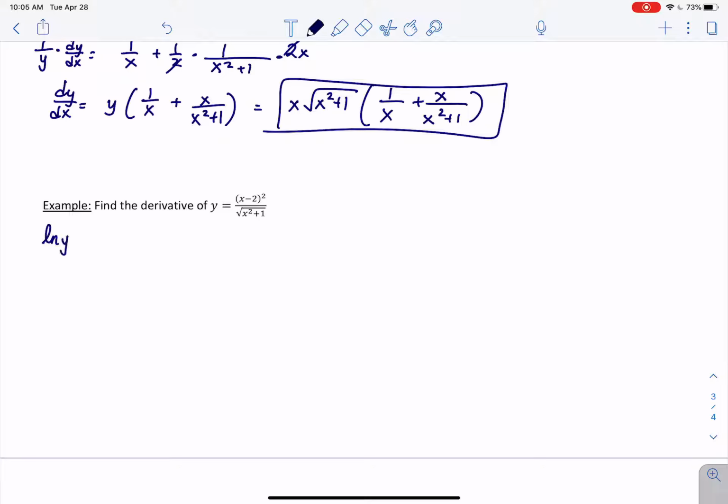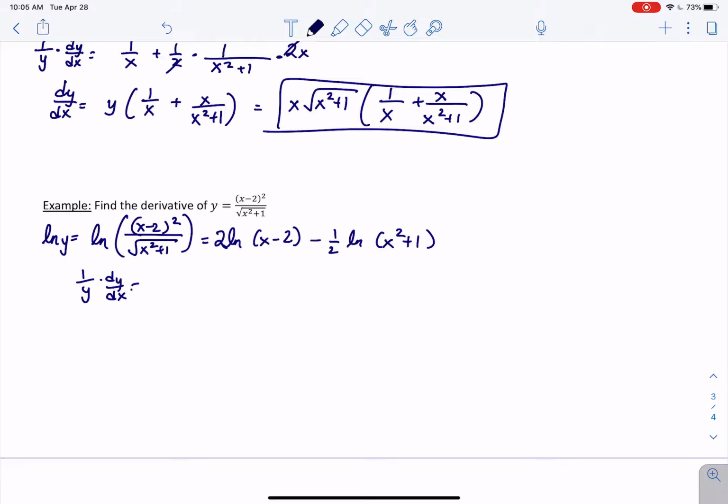So take the natural log on both sides. And then you can simplify using log properties. Then differentiate. Here I'm going to simplify this fraction out.